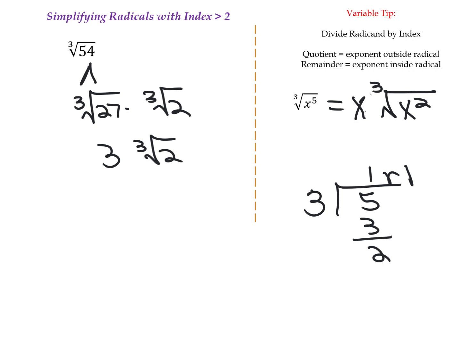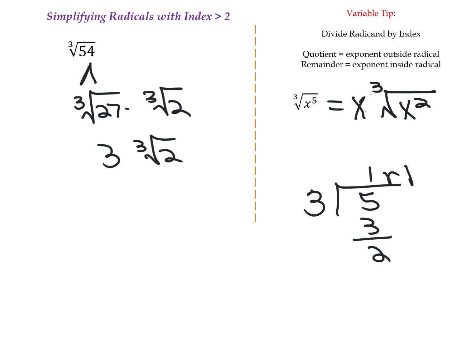All right, let's look at a couple of problems. We're simplifying radicals that have indexes greater than 3. And what we're going to do is we can look at this number 54 and say, okay, 2 goes into 54. How many times does 2 go? It goes 27. Well, look what happens. 27 is a perfect cube number.